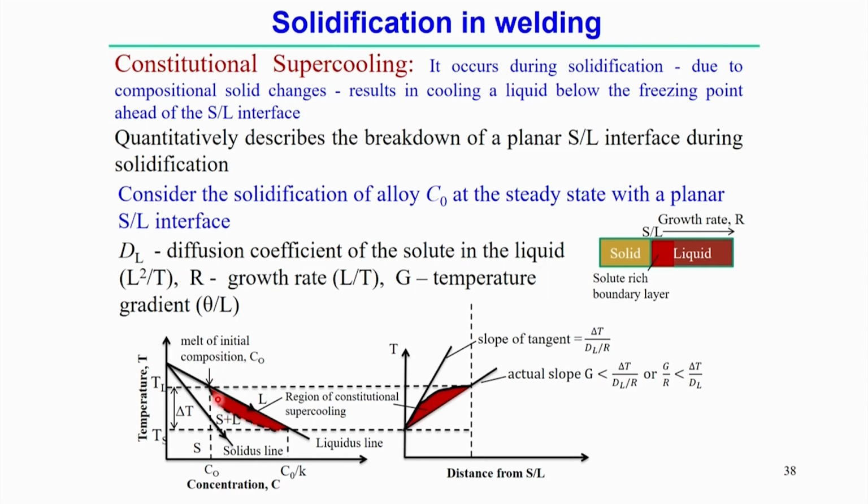That constitutional supercooling is marked by the red color, and the temperature difference in this case is delta T, represented on the temperature axis between TL and TS, which is the amount of temperature decrement with respect to the initial composition.